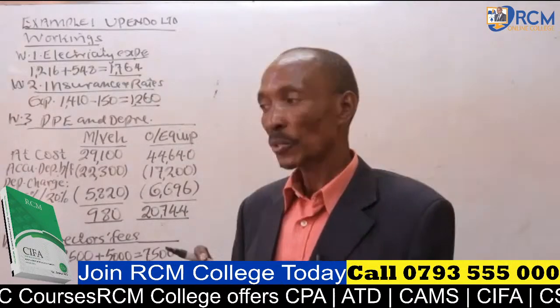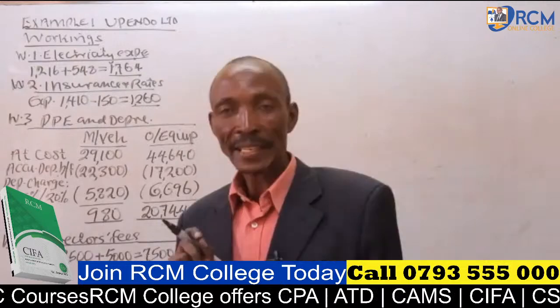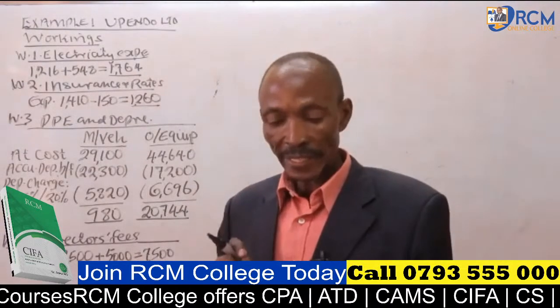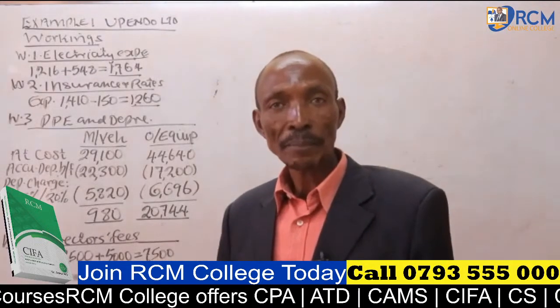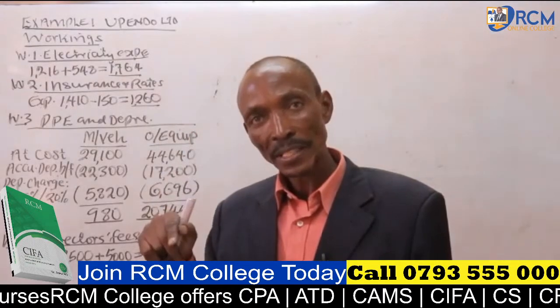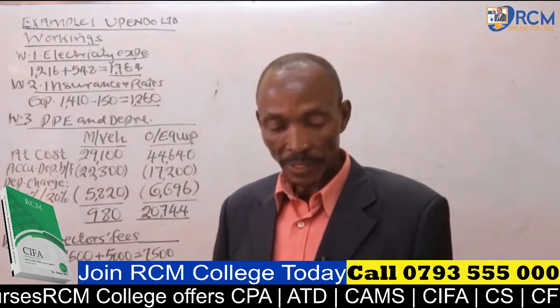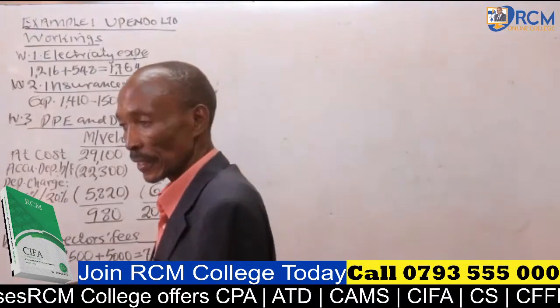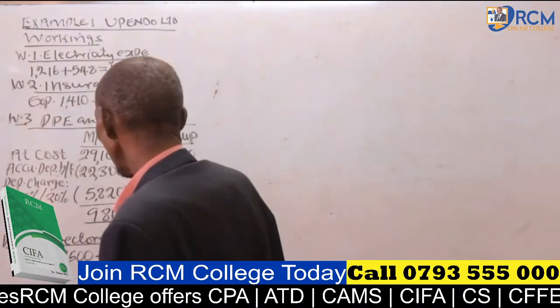How do we deal with such? We debit an expense account called audit fees or audit expense account. We credit an audit fee liability account or accrued audit fee account. So two things: we debit the expense, we credit the audit fee account. Then the next one is about debenture interest. Yes, debenture interest.